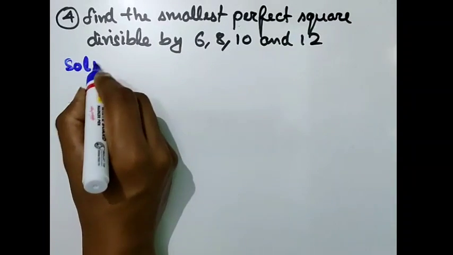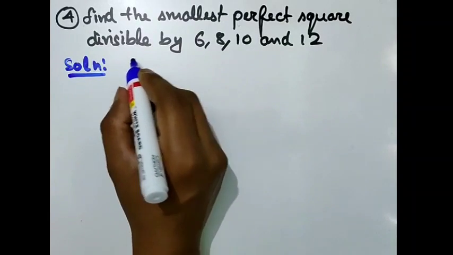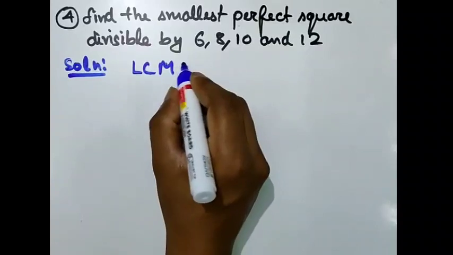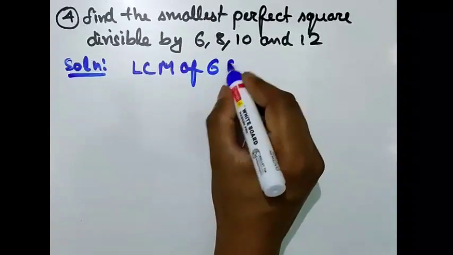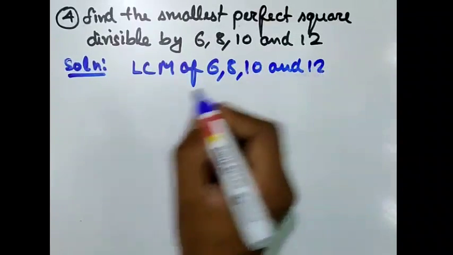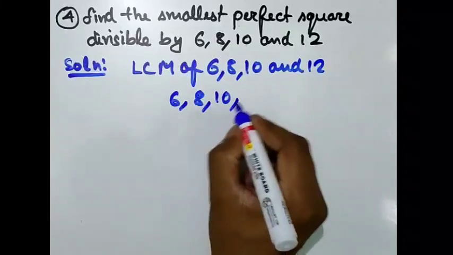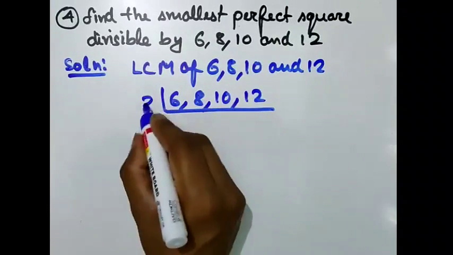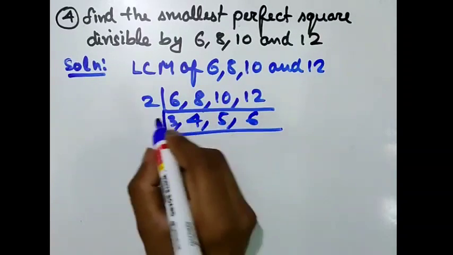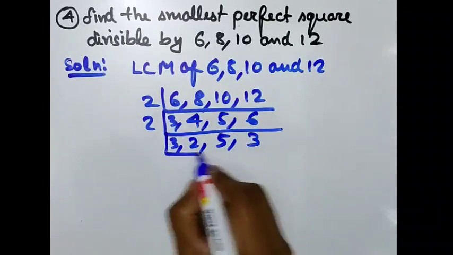So solution: LCM of 6, 8, 10 and 12. Let's find it. 2 threes are 6, 2 fours are 8, 2 fives are 10, 2 sixes are 12. We'll bring down 3, 2 twos are 4, 5, 2 threes are 6.